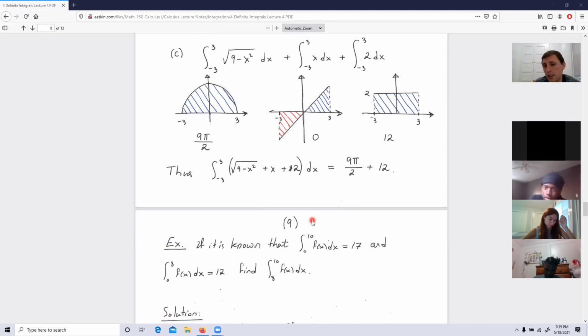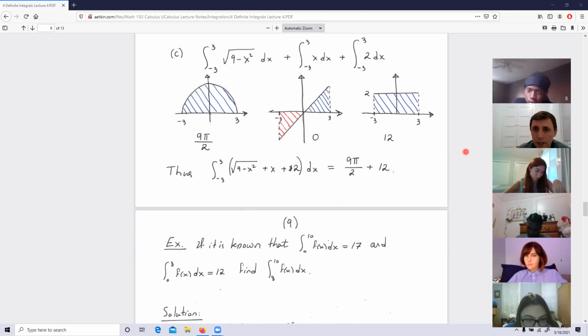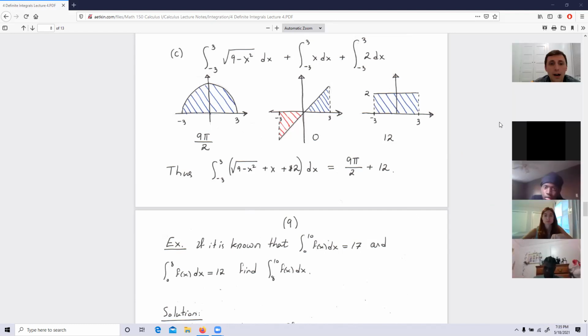Here is another question, guys. Are you ready? If it is known that the integral from 0 to 10 of f of x dx is 17, and the integral from 0 to 8 of f of x dx is 12, what's the value from 8 to 10, please?